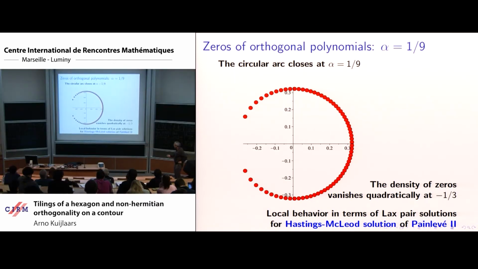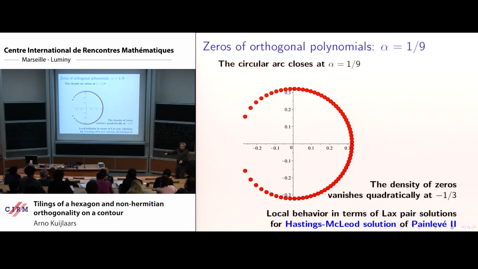So you may say, why is this closing up? Actually, the density of zeros at this point here, -1/3, is very low. So I have a large number of zeros, but not large enough to really see that, indeed, in the limit, this will close up. You have to believe me there. The density of zeros is very low.